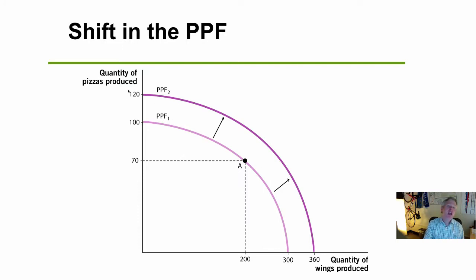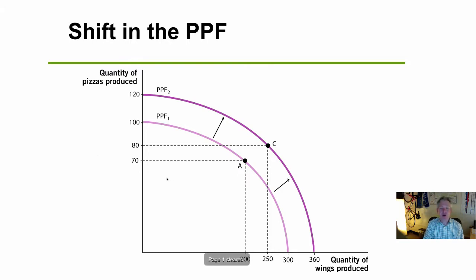So now, if we put all our time and resources into pizza, we can produce 120. And if we put all of our time and resources into wings, we can produce 360. And again, that means that now all of these points that were formerly outside of the production possibilities frontier are now attainable. All the ones inside of this area here are now attainable.